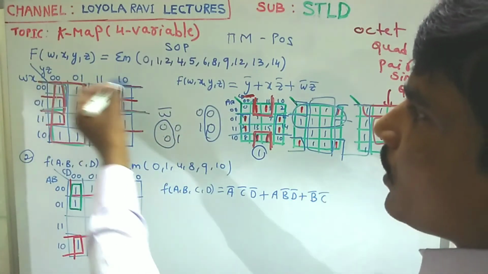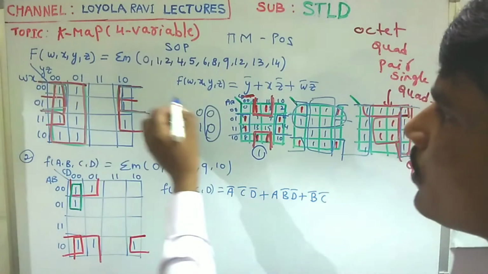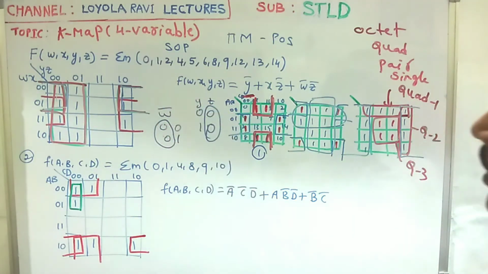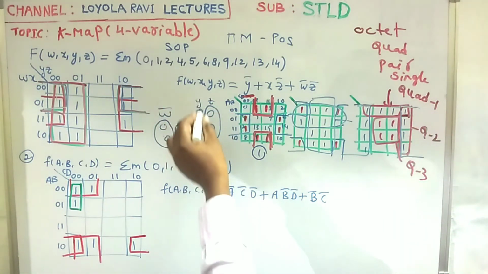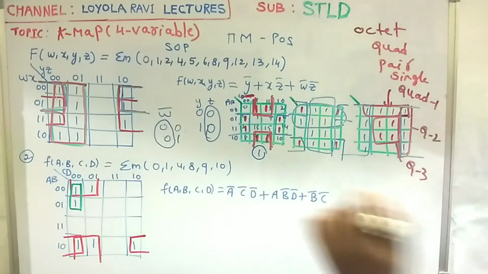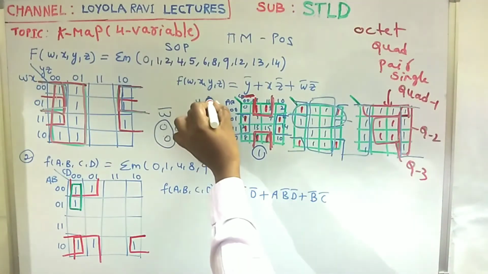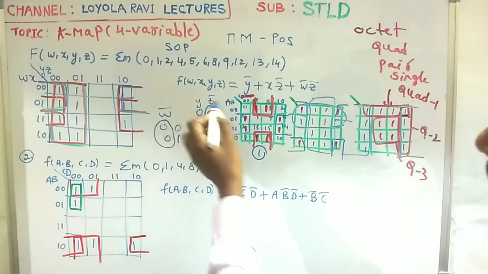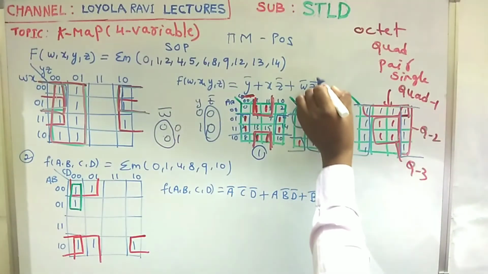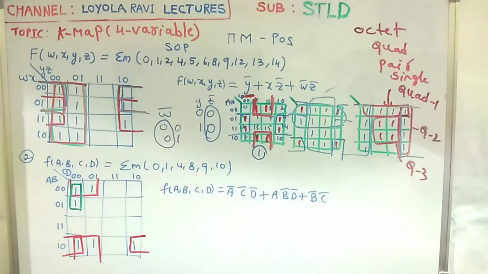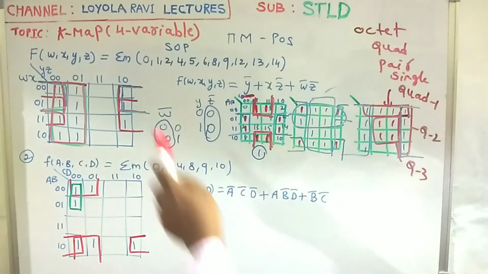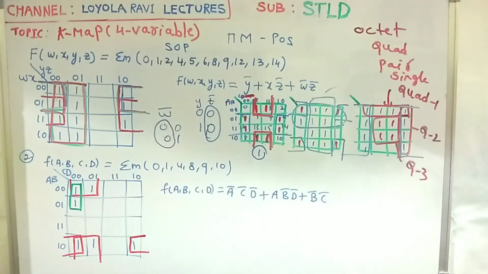In those 2, the common thing is 0. What are the variables? Y z here. Y is not coming, that's why y is not common, and z is common. That's why z bar. Finally, w bar into z bar. For this quad, w bar z bar.